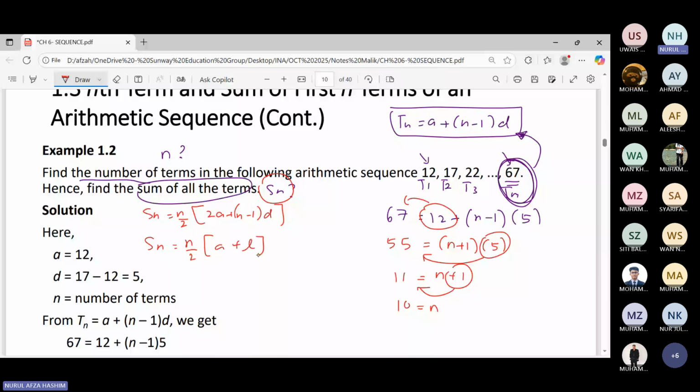As L is the value of the last term. So L is 67. You can use the second formula. Okay, but I'm explaining the first formula lah. This one, you are using the first one or the second one, you got the same answer. You can try if you want to try. This one, erase this one first. And then I substitute the value, you calculate. You're going to get the same answer here.